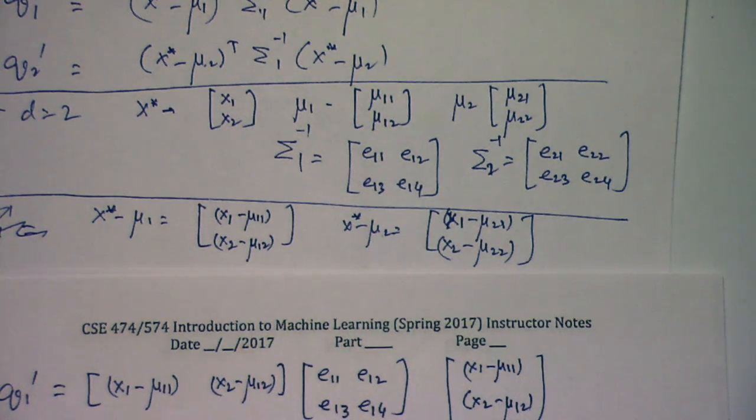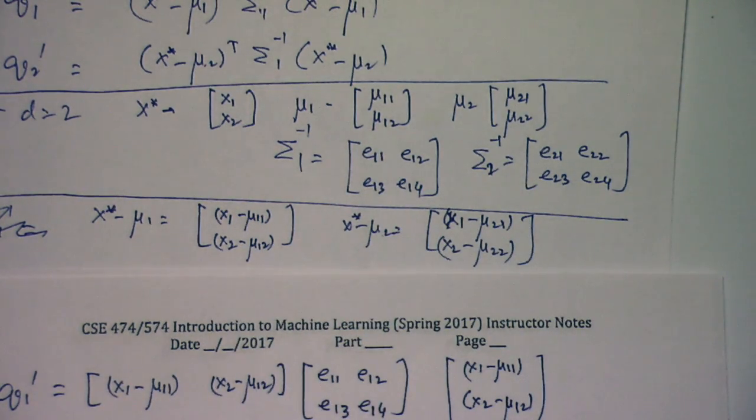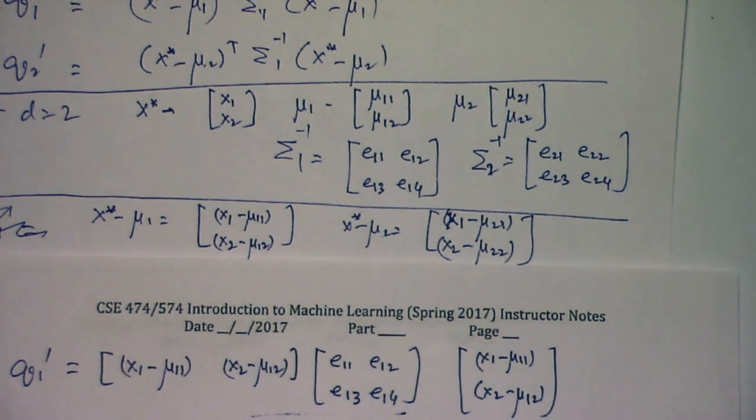That will be the first element of this vector, and then this row with this column. So that is (x1 minus mu11) into e12 plus (x2 minus mu12) e14, right? So this will be when I multiply this times this, and then this part will still hold.